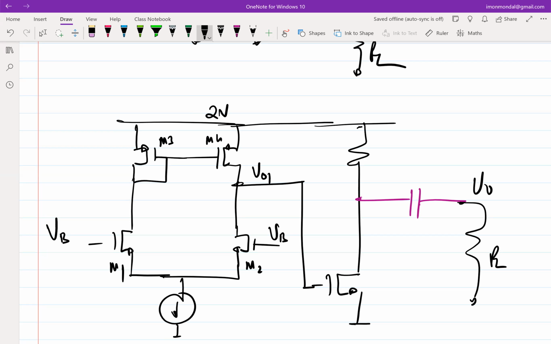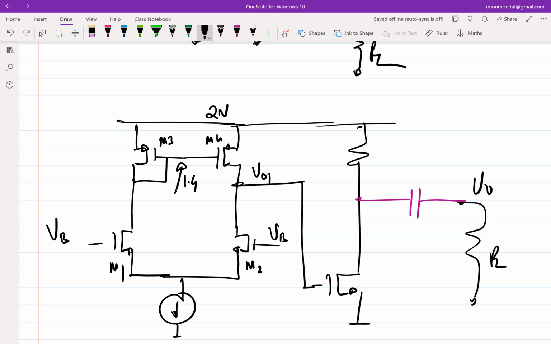I mean, that's what you generally get, not 1 volt. And let's say overdrive is 100 millivolt, 200 millivolt of that order, right? So if that is 2 volt, threshold voltage 500 millivolt, overdrive of 100 millivolt, essentially this voltage becomes 2 volt minus 0.5 minus 0.1. That is 1.4 volt. Right?